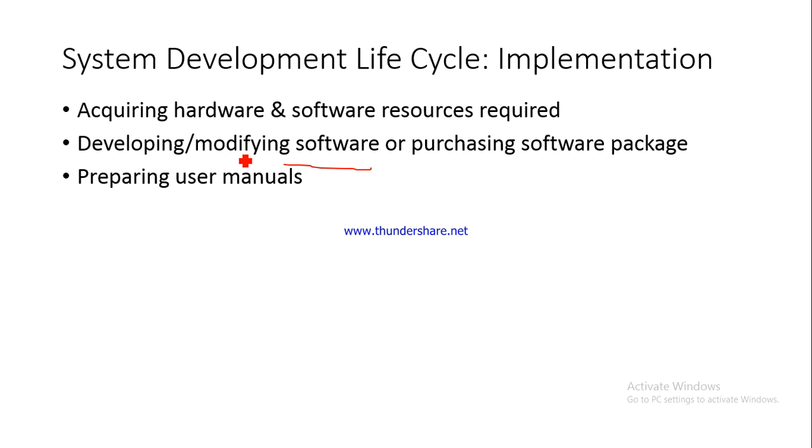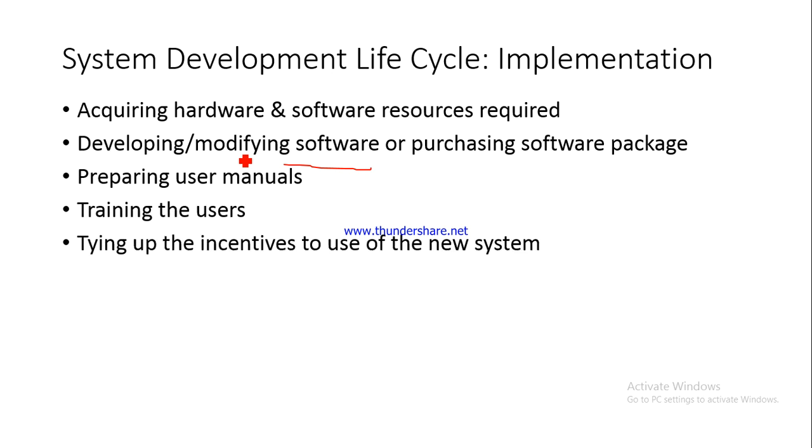So these are the user manuals which will have to be prepared, and the users of course will have to be trained. And then one modification that you may have to bring would be in the incentive system, because you want the new system to be implemented and you would want the new system to be adopted by the users, and for that you can tie up your rewards and punishments to the fast adoption of the new system.